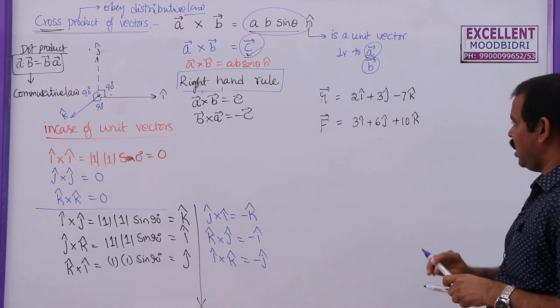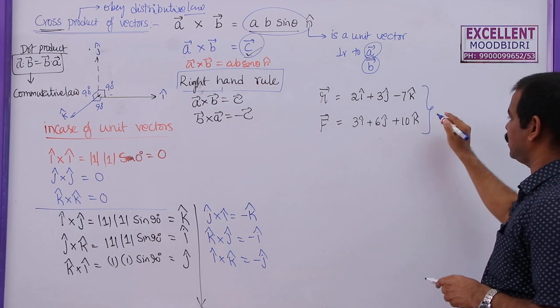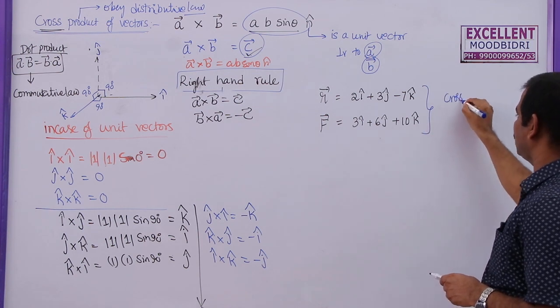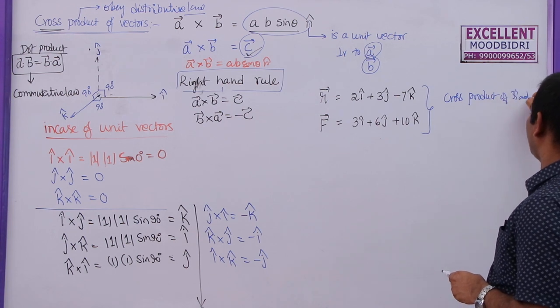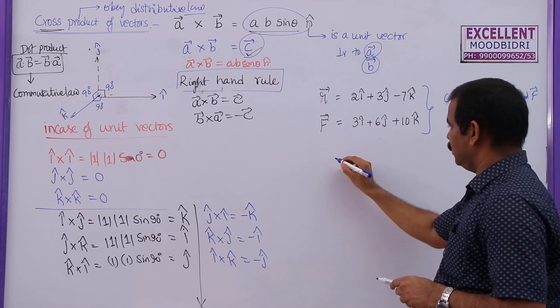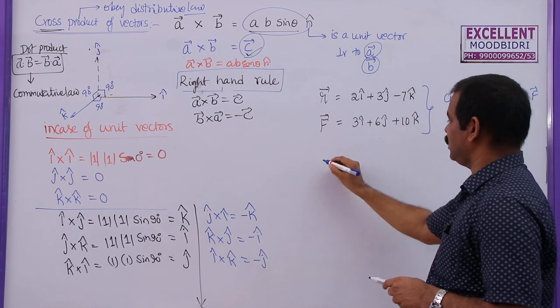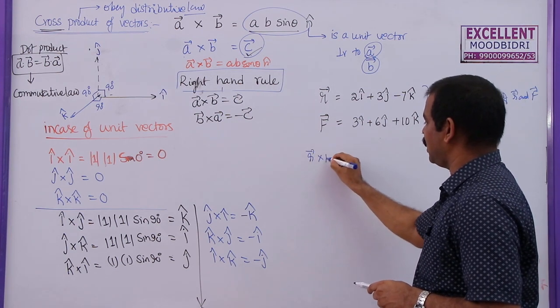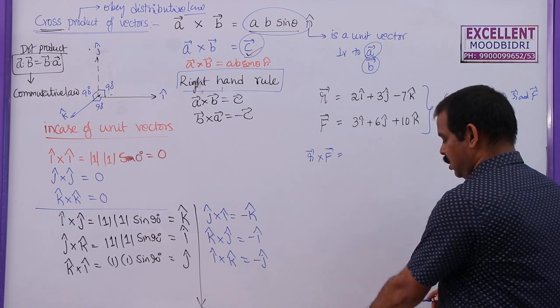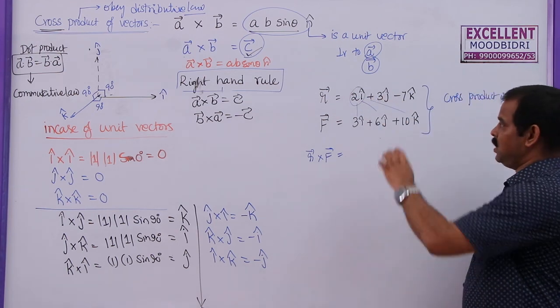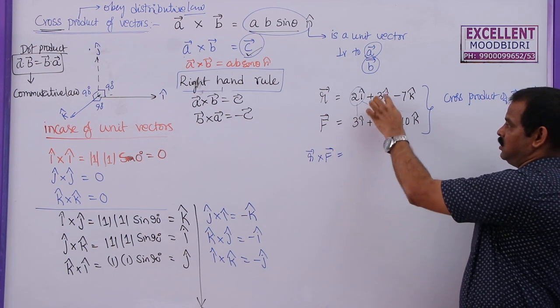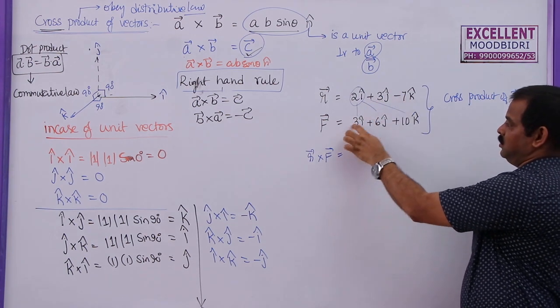If you want to find the cross product of r bar and f bar, what we have to write is: r bar cross f bar is equal to, you have to multiply 2i with this, similarly 3j with this and this, minus 7k with this and this.